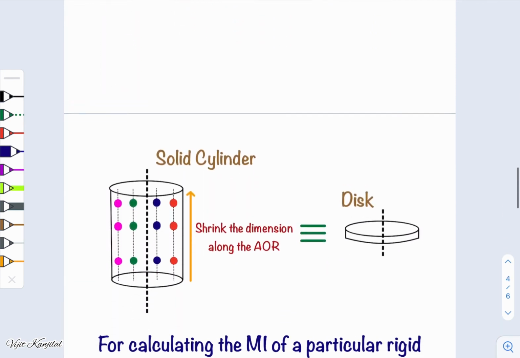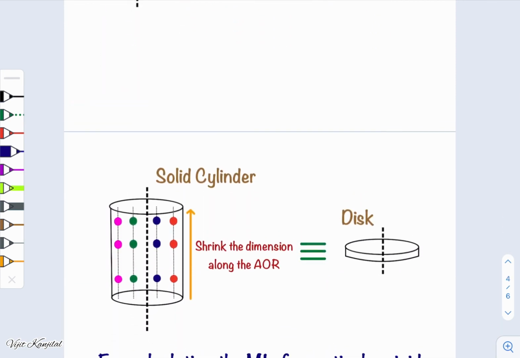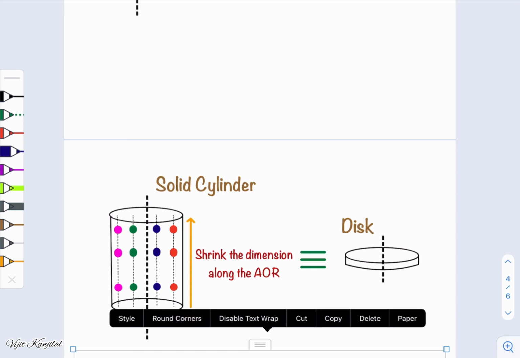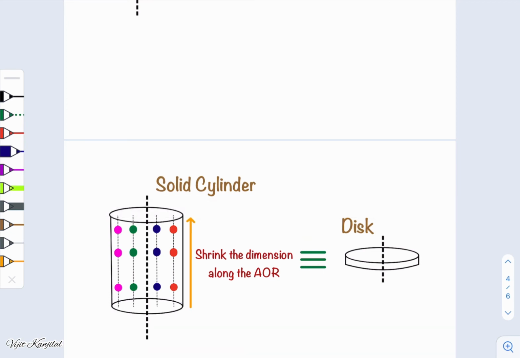Now let us do the similar analysis for the solid cylinder. Again, for this particular case, we can see that at different radial locations we can always shrink the points which are lying along a line which is parallel to the axis of rotation. So we can shrink all the points lying along this line, we can shrink all the points lying along this line.